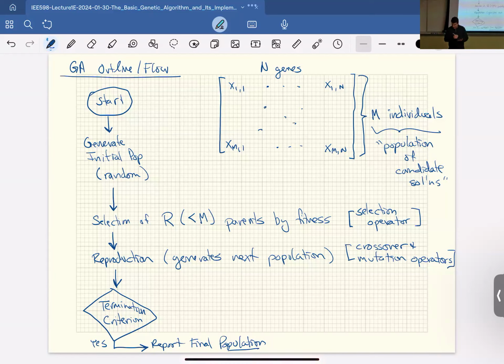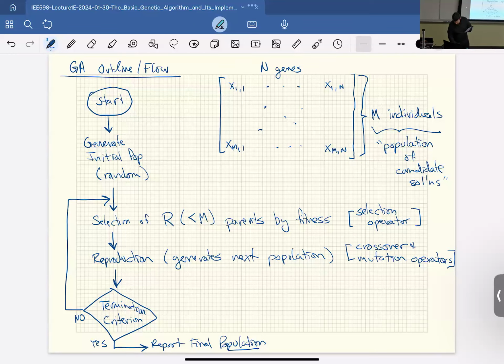But then if it hasn't terminated, then you go back to the selection step. And then there is an advanced section: if we have elitism, which I'll talk about in a second, then this is where you would also, in between, before the selection, update elites.